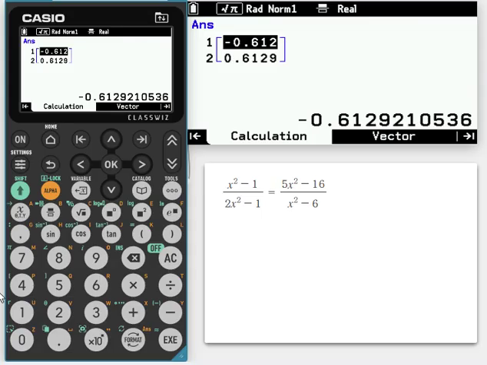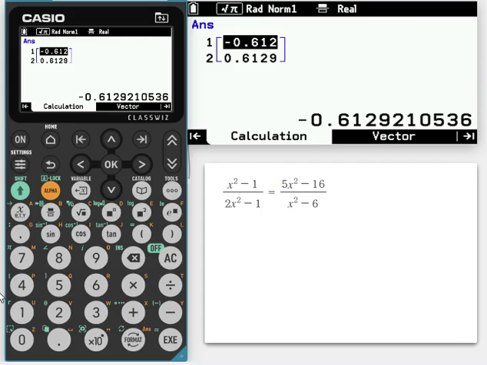Now, we don't know if there are any others, but in this case, because we have two denominators that can take the value of 0, that's where this method usually fails to find the solutions. To prove the point, what we can do is get rid of the fractions. Let's cross multiply.